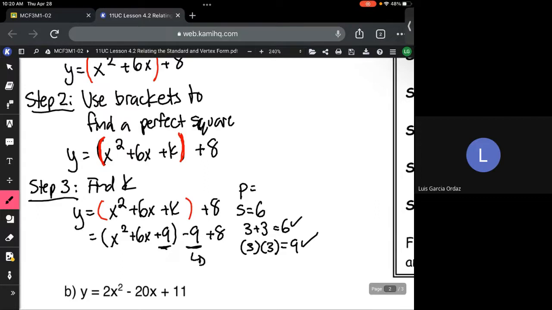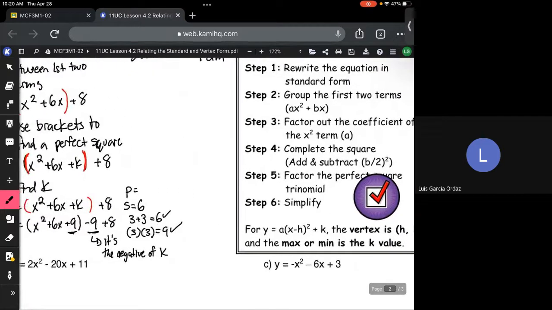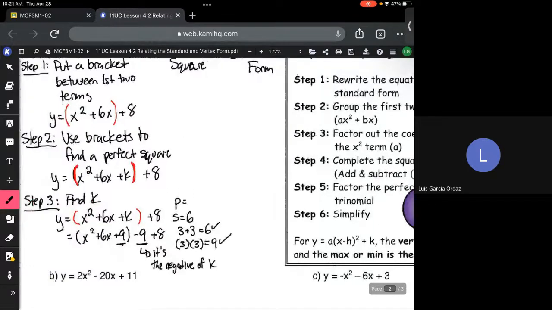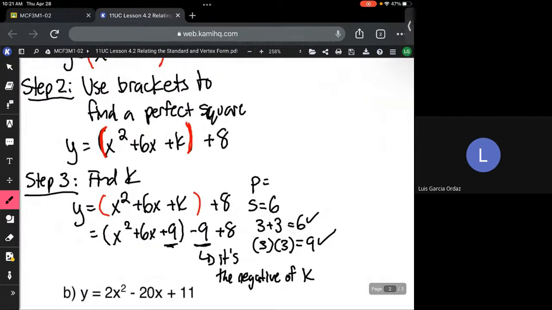Why do we have a negative 9 there? Because if I take negative 3 and square it, what do I get? It's positive. When we complete the square, it's just a rule that's never been explained properly.